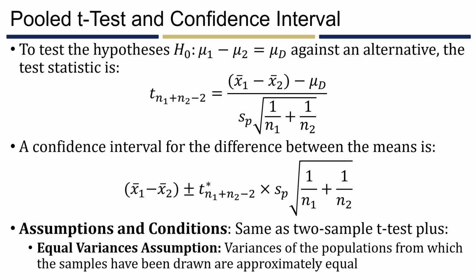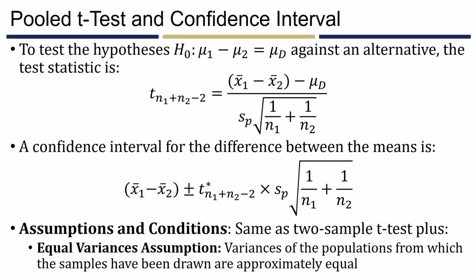Now, the process for pooling your variances together and using this in your hypothesis test and your confidence interval is very similar to what we did earlier. The only difference is a slight change in the calculation of the test stat and the standard error in your confidence interval. The test statistic in the pooled t-test is going to have n1 plus n2 minus 2 degrees of freedom.